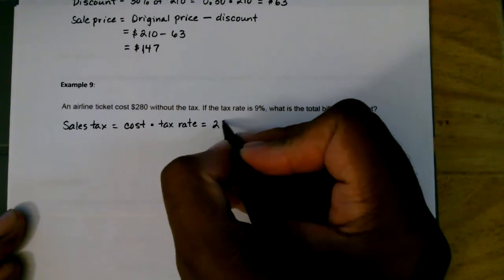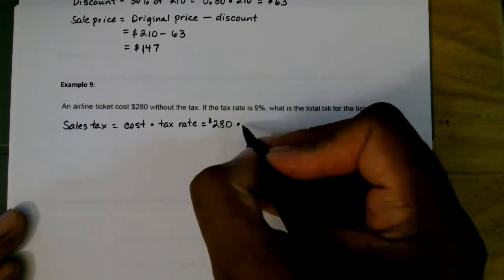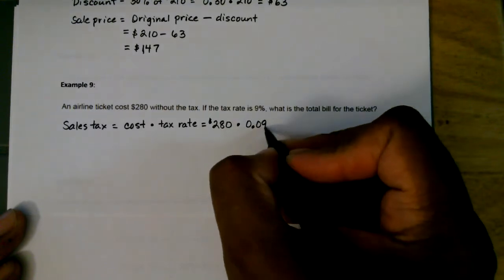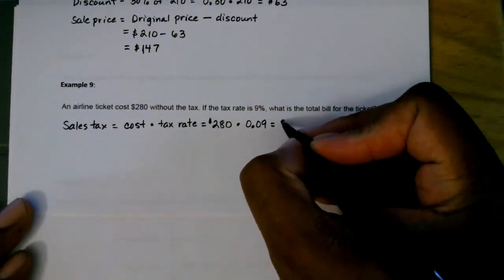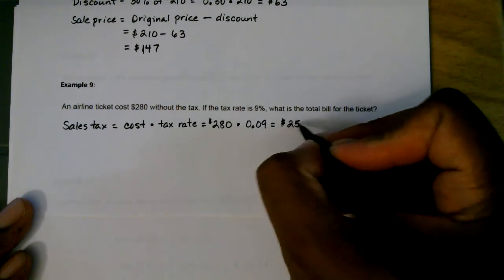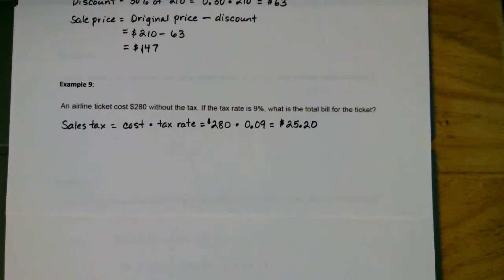So in other words, $280 times 9% as a decimal, 0.09. You can take the 9, divide that by 100, and you'll get 0.09. So if I take 280 times 0.09, I would get 25.2, but I'm going to add a 0 behind it because we're dealing with money amounts. So the sales tax is $25.20.